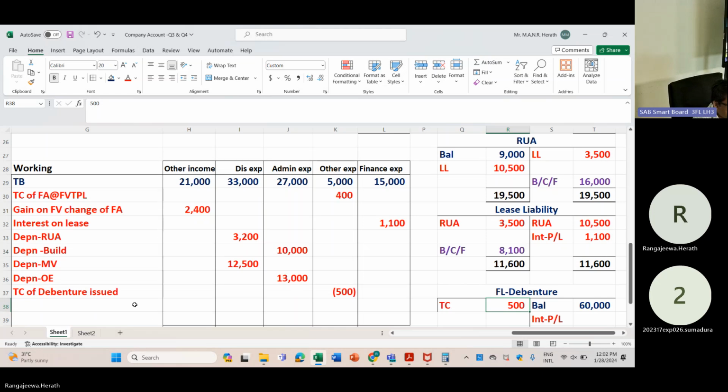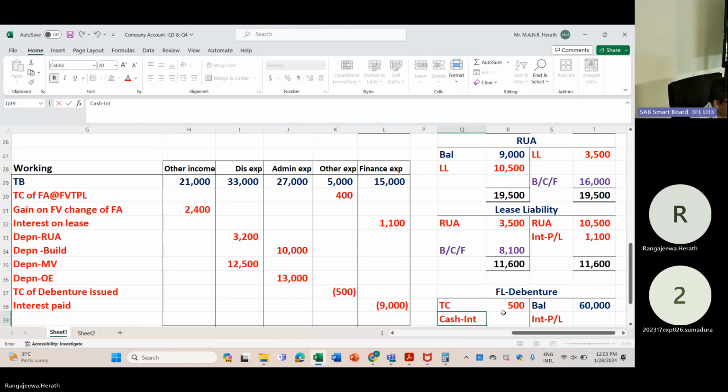Then the interest paid under coupon rate charged to finance expense. ගෙවපු interest එක coupon rate එක 15%. 60,000 into 15%, 9,000. 9,000 included in this finance expense. But that 9,000 should debit to debenture account. Cash.